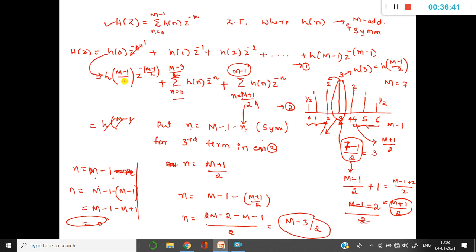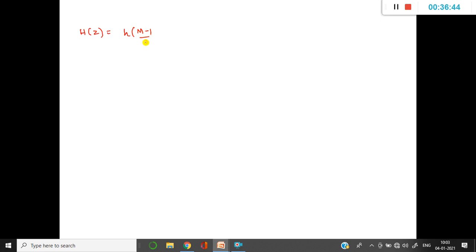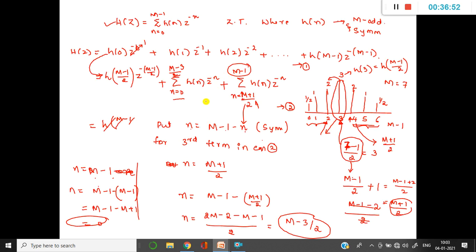Therefore, h of z is equal to, so I keep the first term as it is, that is h of m minus 1 by 2 into z raised to minus m minus 1 by 2, plus the first summation also as it is.